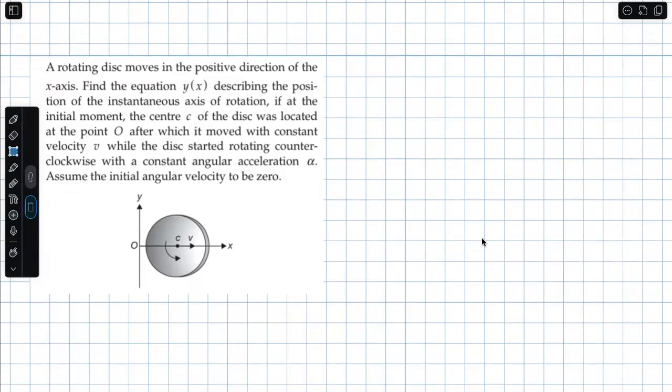Find the equation y of x describing the position of the instantaneous axis of rotation, if at the initial moment the center C of the disc was located at point O, after which it has moved with constant velocity v, while the disc starts rotating counterclockwise with a constant angular acceleration alpha. Think of it like a coin on a carom board, for example.